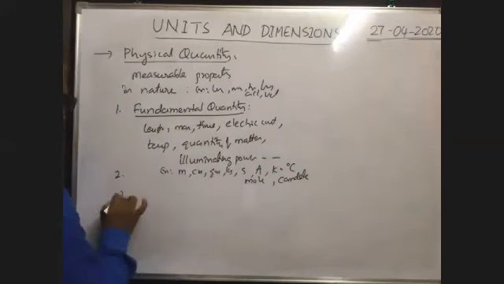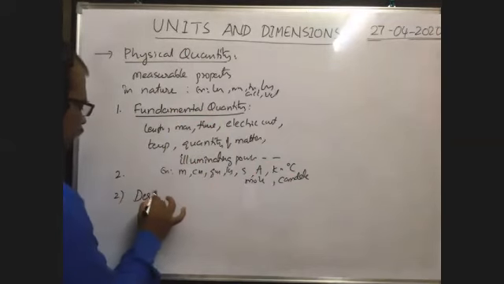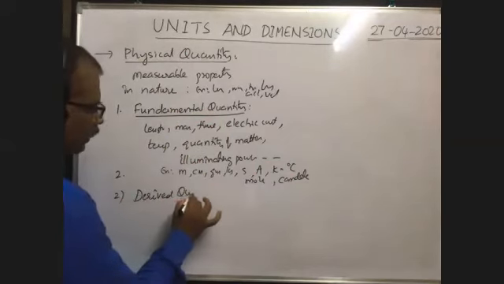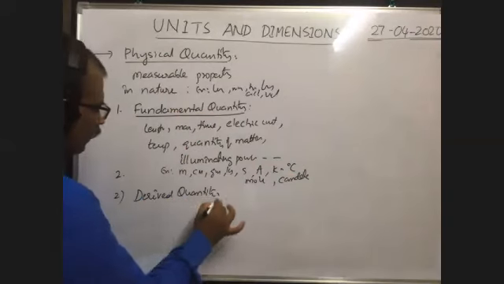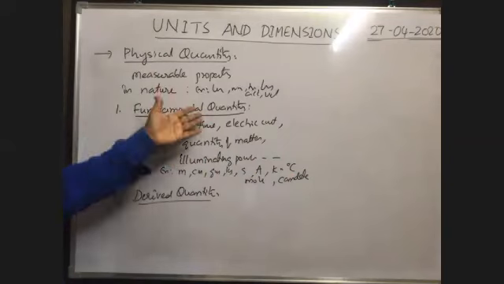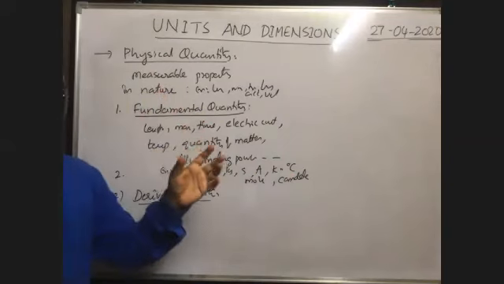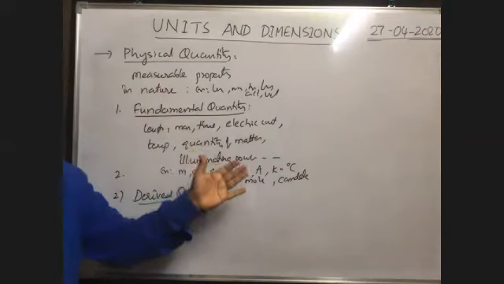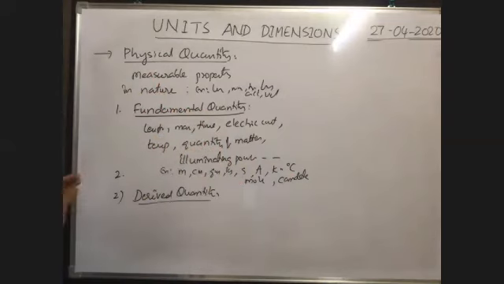Next, what about the derived quantity? The physical quantities which can be derived from the fundamental quantities, which depend on the fundamental quantities, are called the derived quantities. What are the examples?